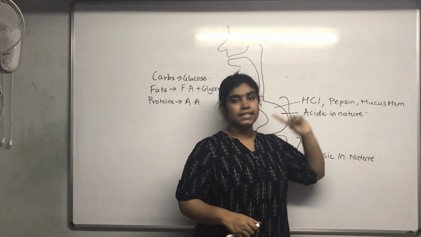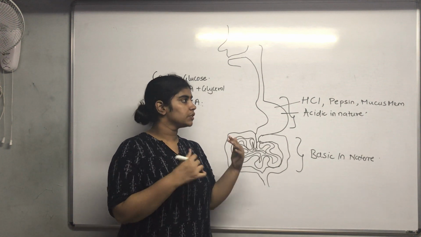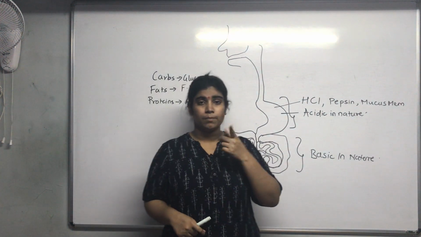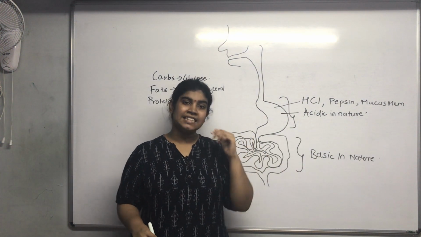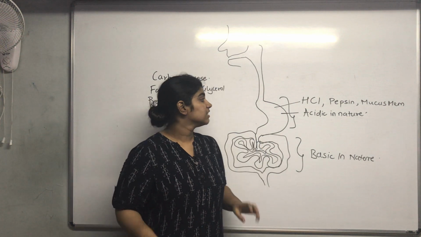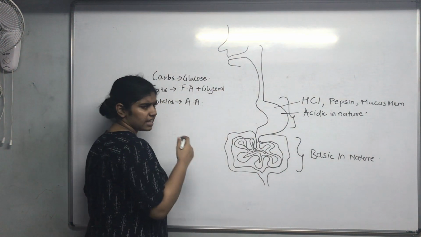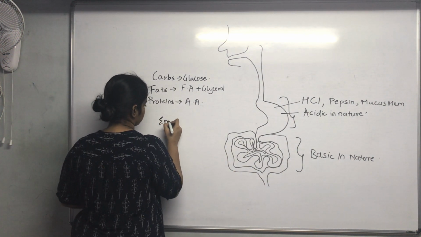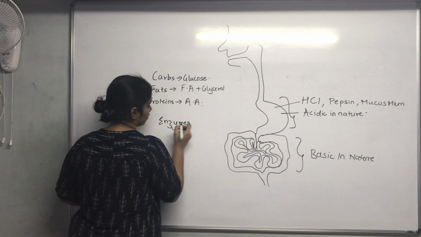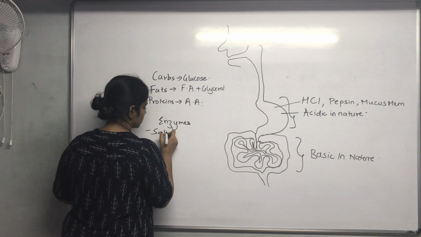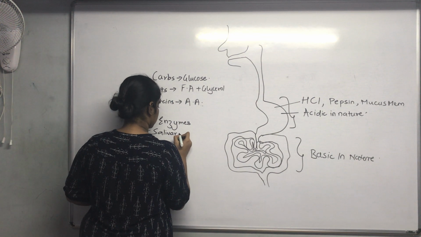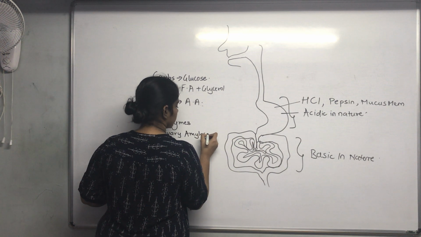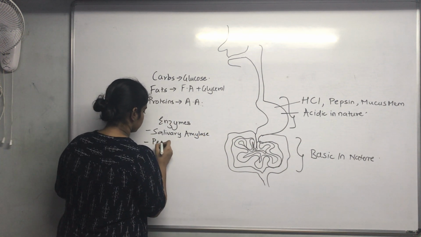Why? Because of pepsin. Okay. Now, before coming to pepsin, I have already discussed the salivary amylase which is present in your mouth. I would like you to know that the salivary amylase and all the names which I am going to take here are enzymes. The first enzyme is salivary amylase. The second enzyme is pepsin.